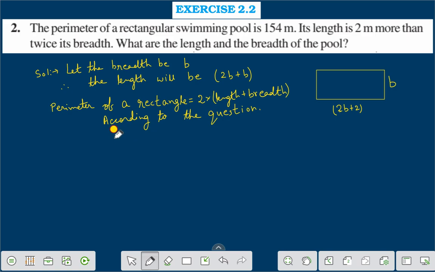So 2 into (length plus breadth), where the length is 2b plus 2 and the breadth is b.